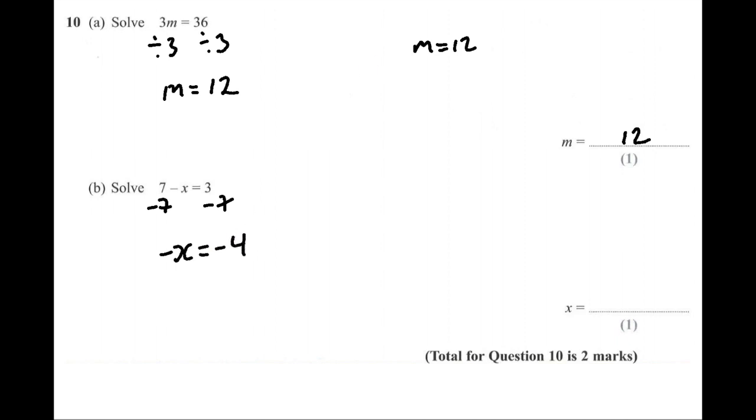I'm then going to divide both sides by negative 1, which will help me get a positive x. So divide by negative 1 over here and divide by negative 1 over here. And what we're left with is x is equal to positive 4. So our final answer is x is equal to 4.